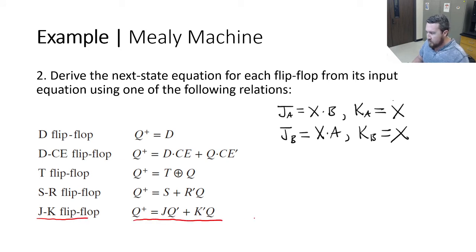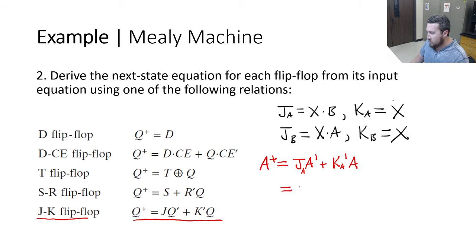That means A plus is going to equal JA and A prime, or KA prime and A. Now we need to fill in some of our stuff.